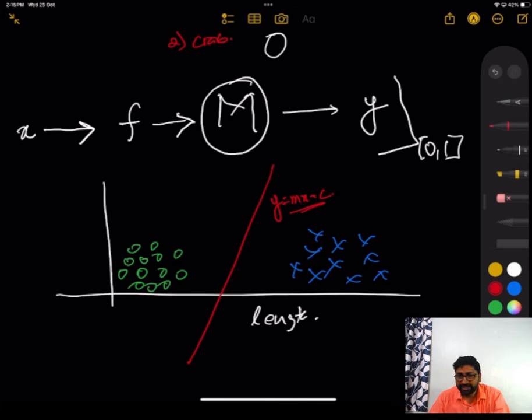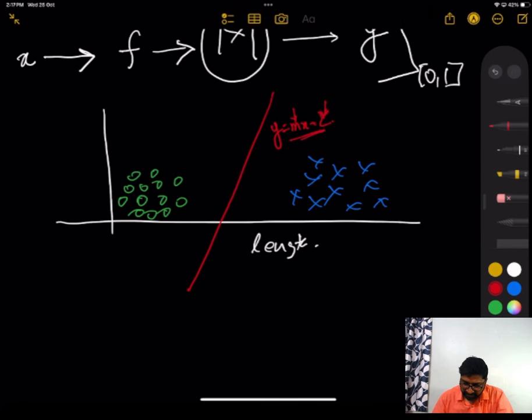When we are learning, we are actually fine tuning, or getting the value of m and that of c. Here, when we are changing the value of m, it is actually rotating the line, and when we are changing the value of c, it is actually shifting it.